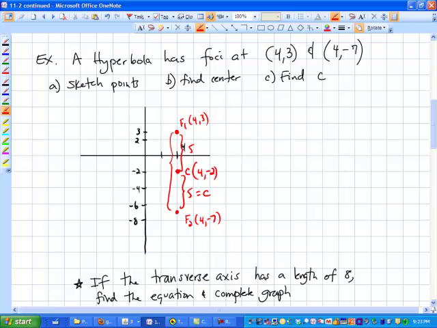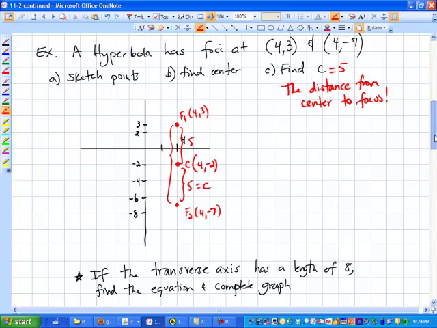Now that should also be the letter C, because perhaps you'll recall that the letter C for both the hyperbola and the ellipse is that distance. It doesn't have to be the letter C, but that's what everybody uses. So the distance from the center to a focus point is C. Alright, so I've got C equal to 5.